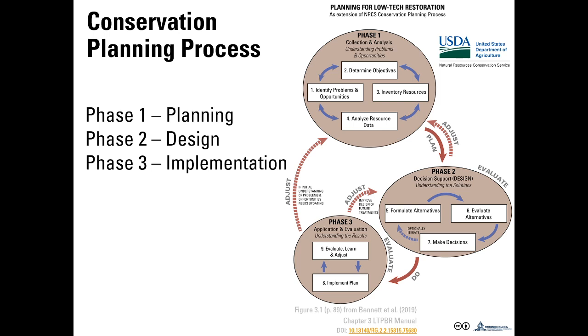And even if it's not explicit in this diagram, this idea of adaptive management really is baked into our mindset throughout, that we're constantly trying to learn as we go and implement this work. So we're going to co-opt this conservation planning process from NRCS and use that in terms of our instruction for the next several modules.